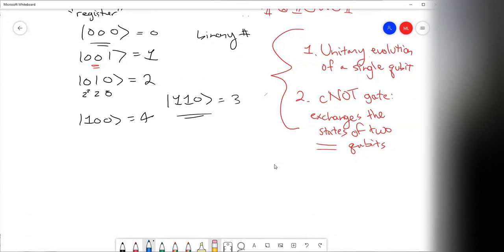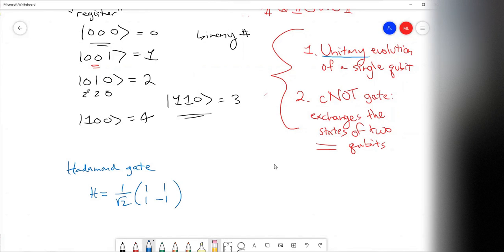But one of the most important unitary evolutions is called the Hadamard gate. It's a unitary, but it looks like the following. Remember, it's a unitary operator, a 2x2 matrix.